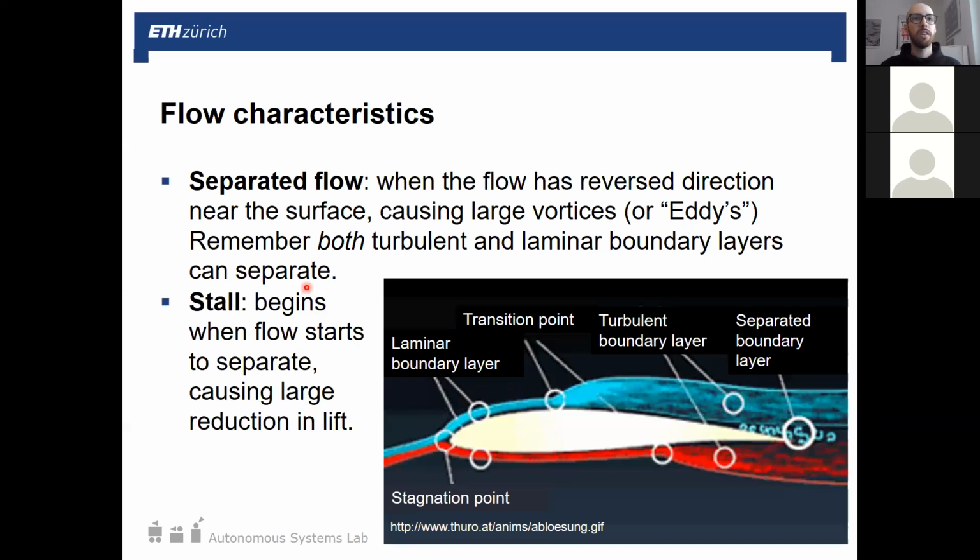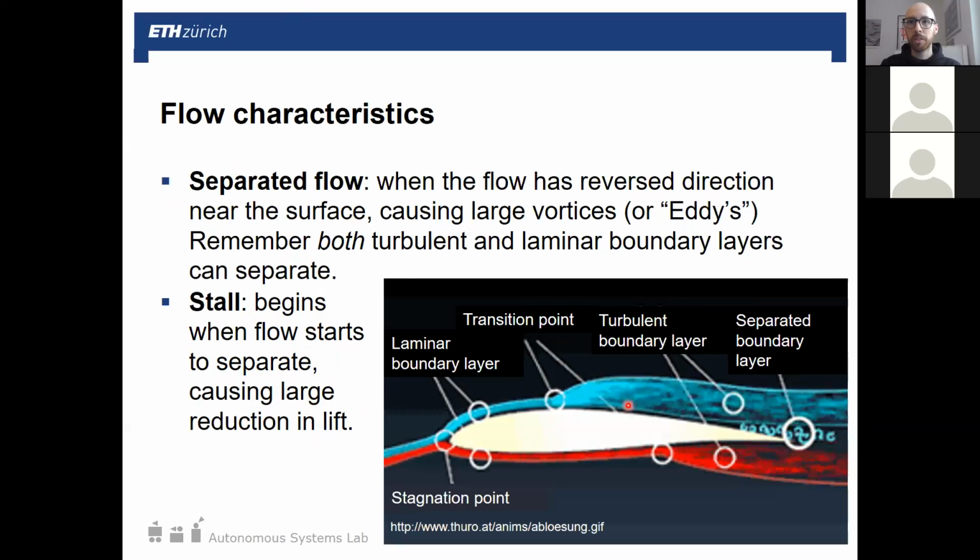The last thing here, and this is related to separated flow, is stall. The definition of stall is that we have started to have flow separation. The whole thing about stall is that it causes a large reduction in lift, and this is because of the separated flow.